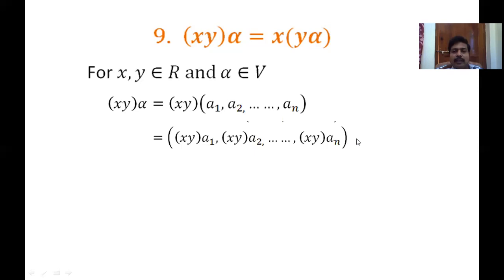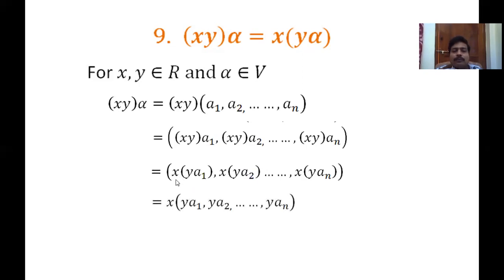This is by the definition of scalar multiplication. This can be written as x times (ya1), x times (ya2), and so on, x times (yan), by using the associative property of real numbers. So the multiplicative associative property is used here. In the field of real numbers, this associative law with respect to multiplication also holds. That is why we can write in this manner.